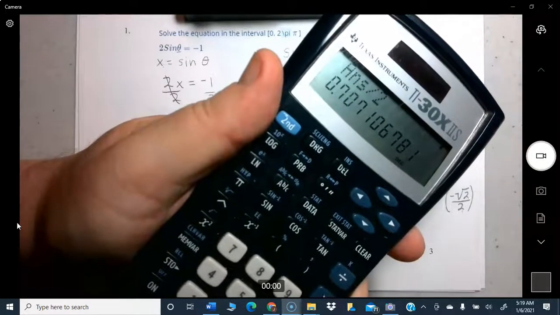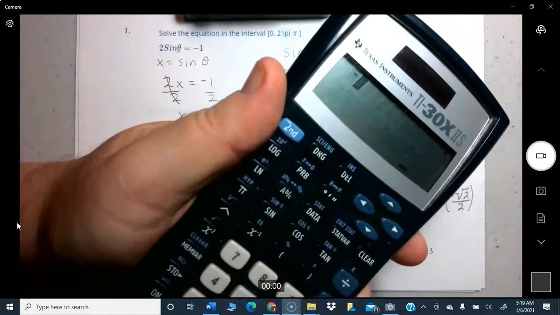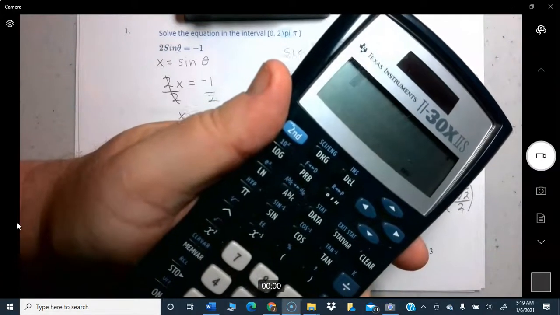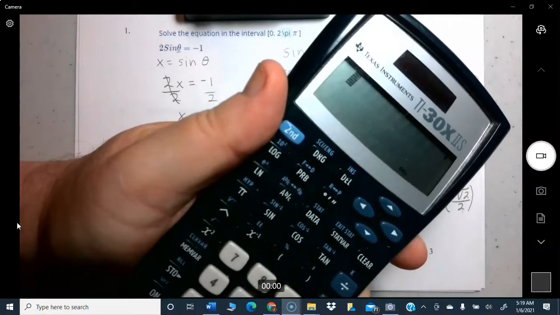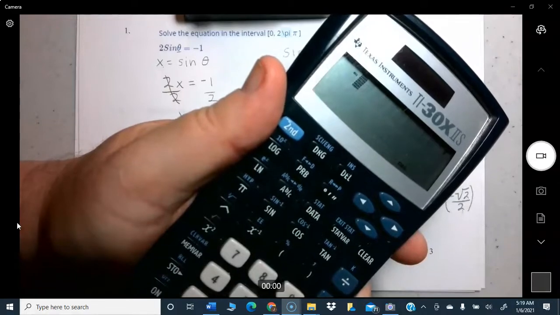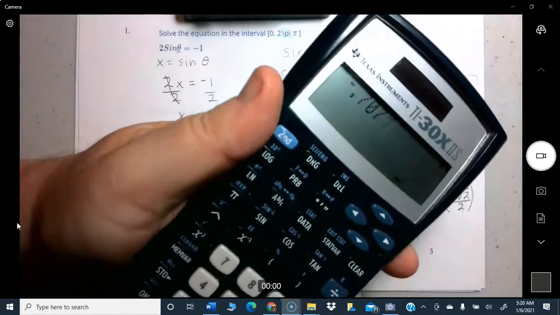So I'm going to make this a negative, and that didn't work. I should have known that. So I'm going to go ahead and I'm just going to put negative, and it's 0.707. I'm going to leave off all the other digits. That's what we had before.